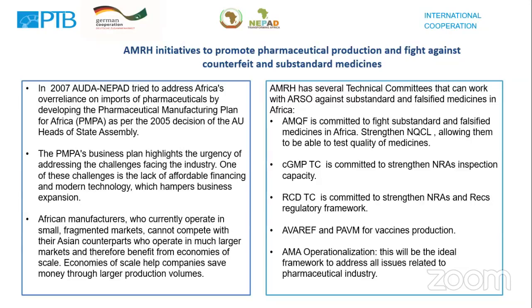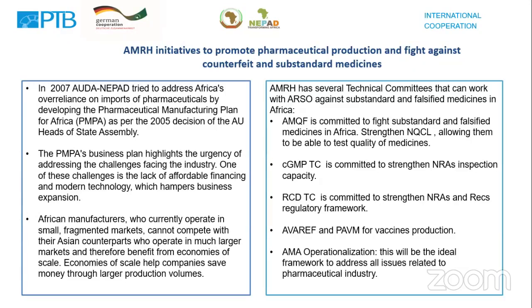AMA will coordinate joint reviews of clinical trials, applications for vaccines, and assessment of highly complex product dossiers, such as biosimilars. AMA will also coordinate joint inspection of API manufacturing sites.